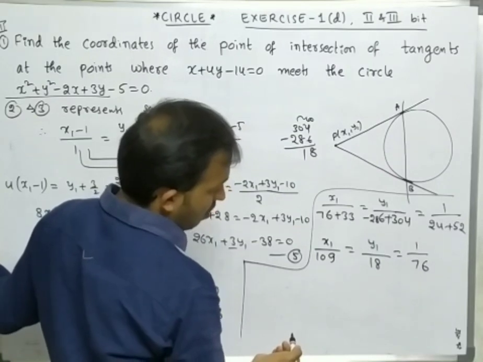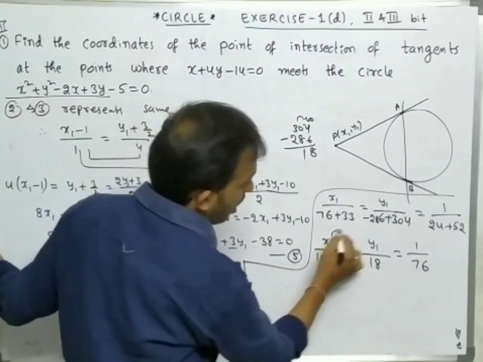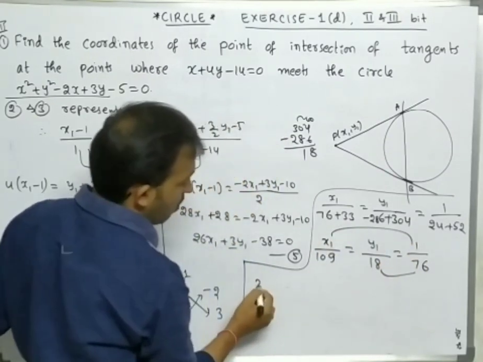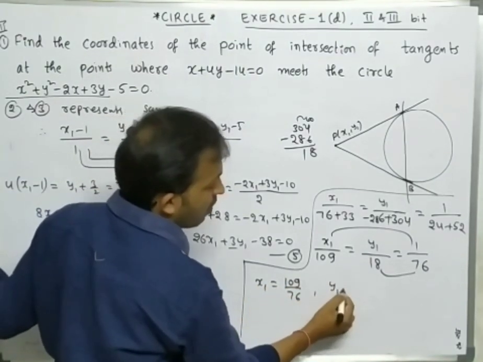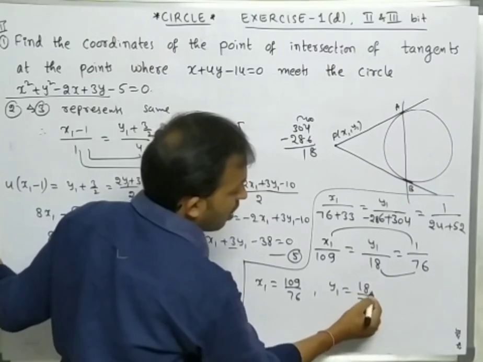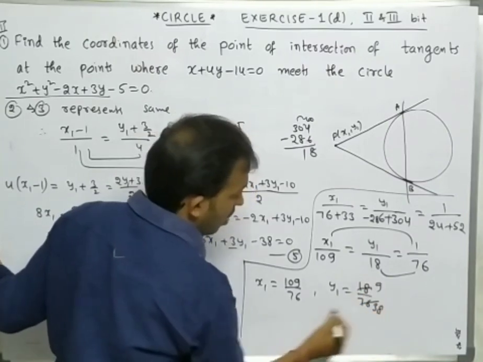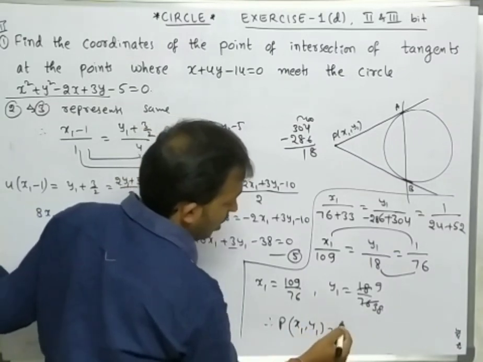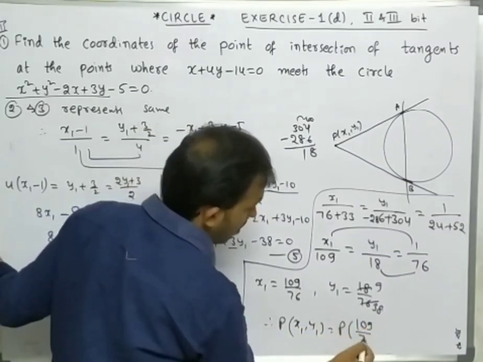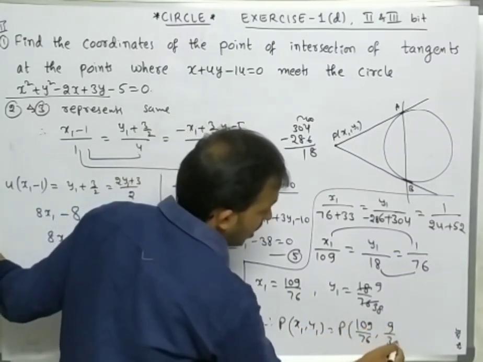Therefore equate these two and these two. Finally you will get x1 is equal to 109 by 76, y1 is equal to 18 by 76, that is 9 by 38. Therefore the point P(x1, y1) is P(109/76, 9/38).